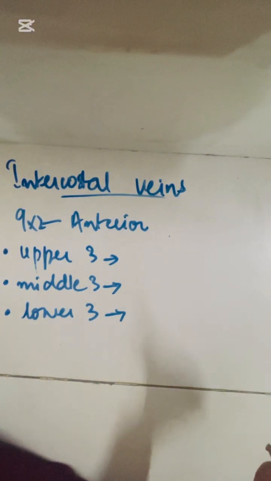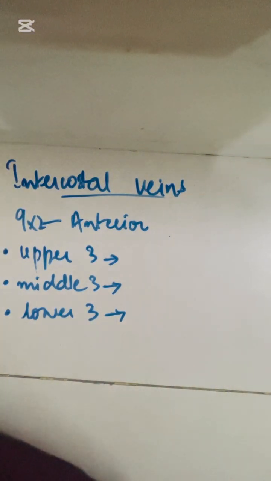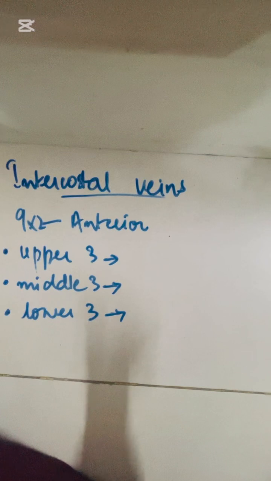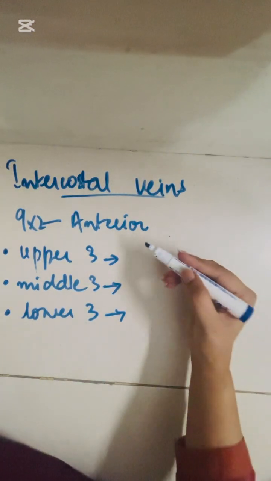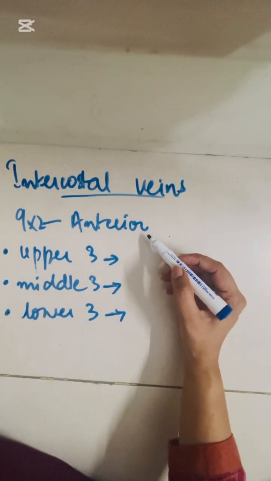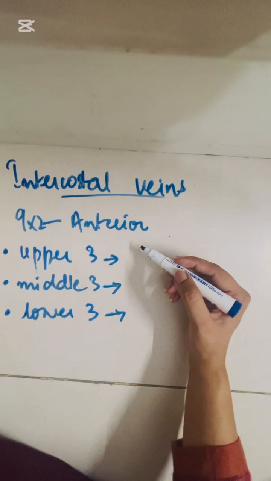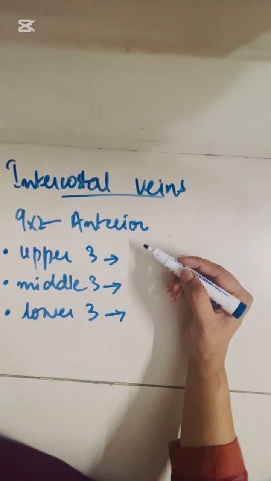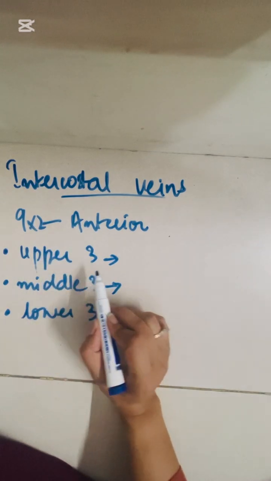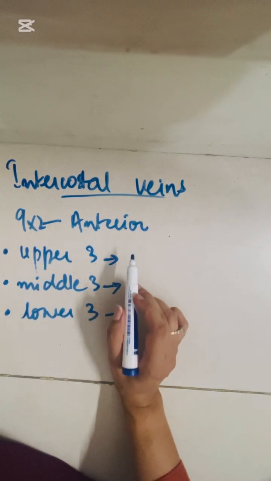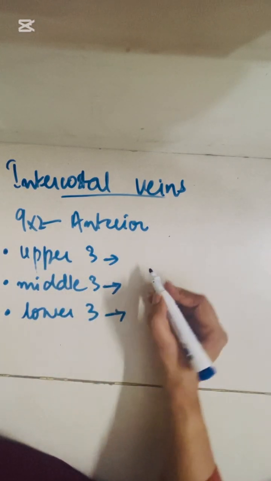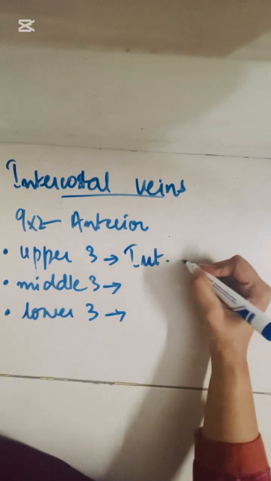Now coming to the intercostal veins. Intercostal veins, just like the intercostal arteries, are anterior and posterior. The anterior intercostal veins are 2 in each space, just like the anterior intercostal arteries, and they are accompanying the anterior intercostal arteries. So in the upper three spaces, the anterior intercostal veins drain into the internal thoracic vein.